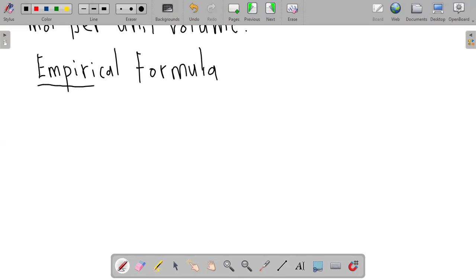The empirical formula. Let me begin with the definition before I show you the table.